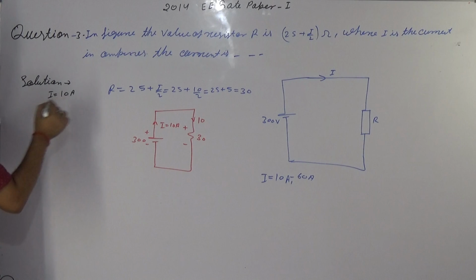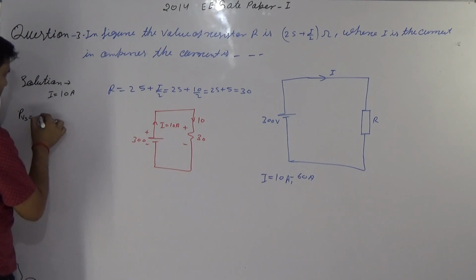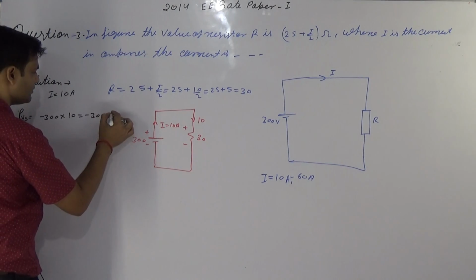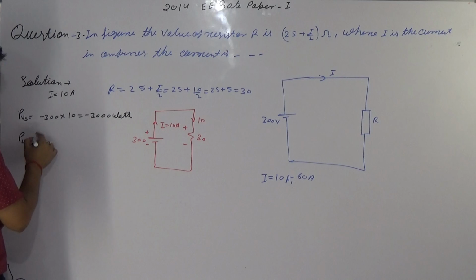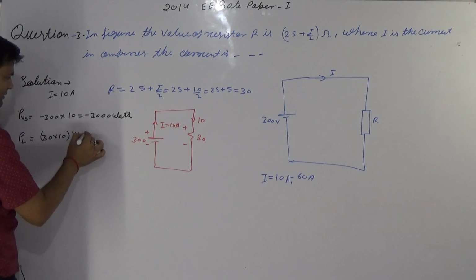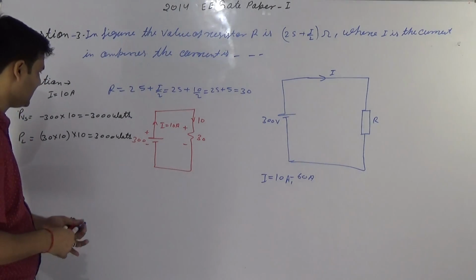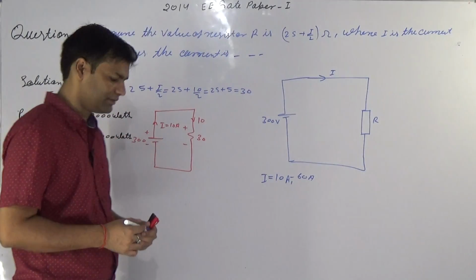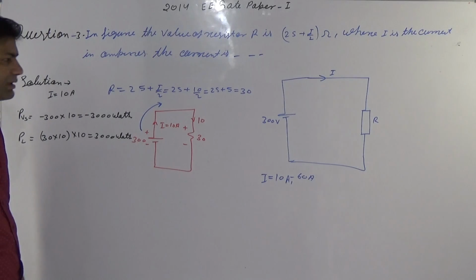Power in the voltage source is minus 300 into 10, which is minus 3000 watts, and in the load it is 30 into 10 into 10, which is plus 3000 watts. The minus sign indicates the source delivers power, as a source always delivers power, and the plus sign indicates power absorbed by the load.